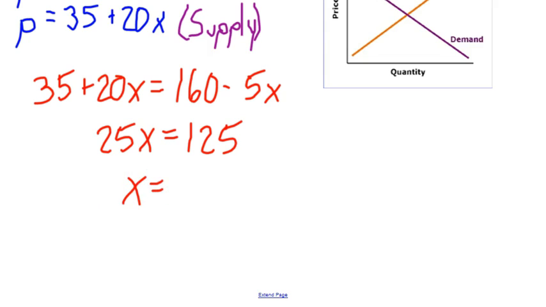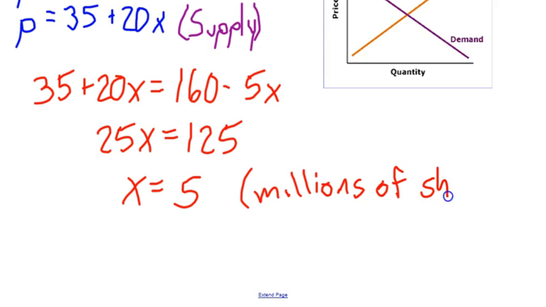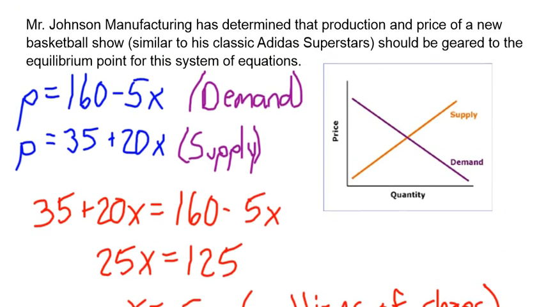We get x is equal to 5. So in this case, x equals 5. That is selling millions of shoes. So that's how much supply we want. 5 million shoes, pairs of shoes.